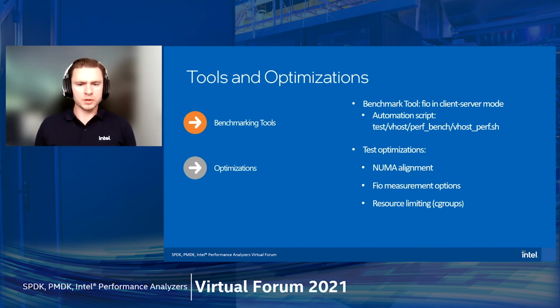As for the test optimizations, the NUMA alignment requirement still stands. It's always important to keep in mind. Additional options include parameterizing FIO jobs to disable some of the metrics which are not needed, like latency measurements, to decrease the software overhead so that we can increase the overall IOPS results.